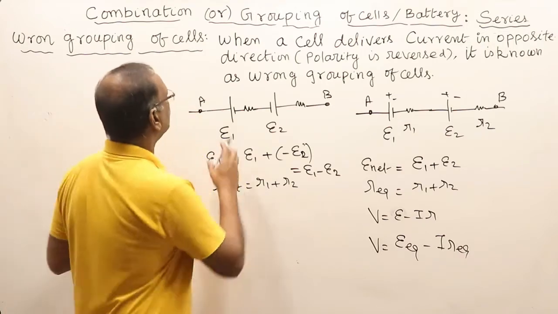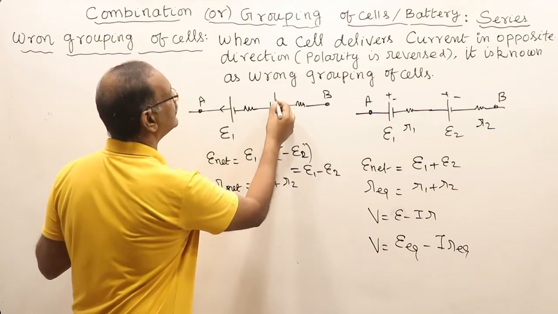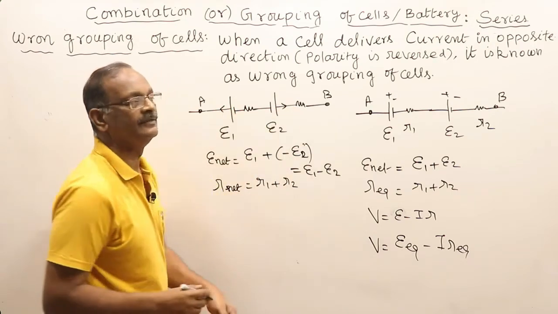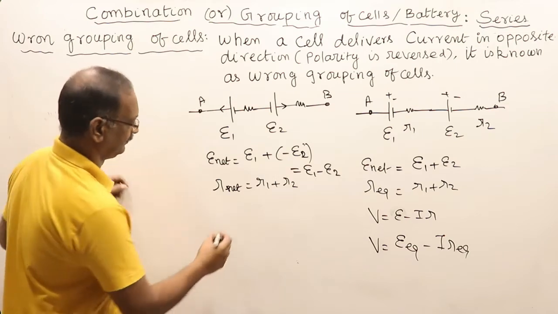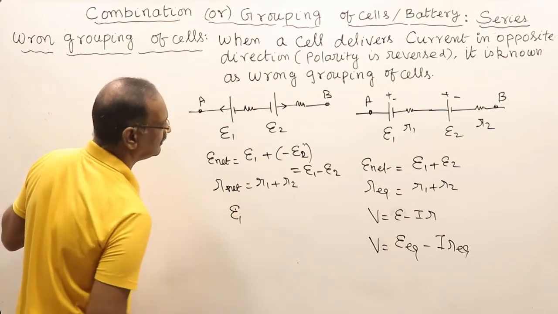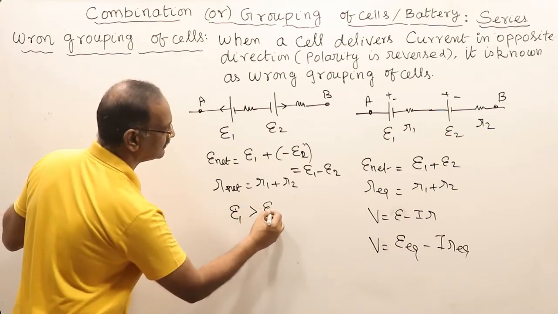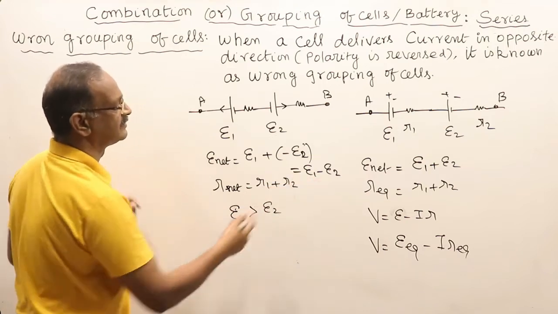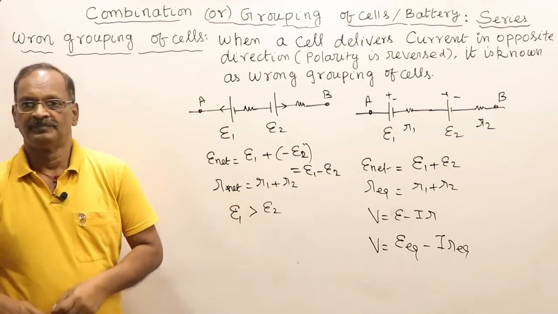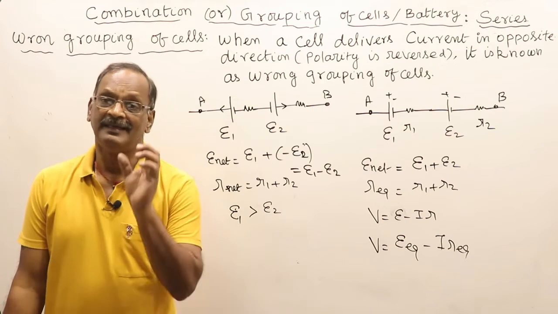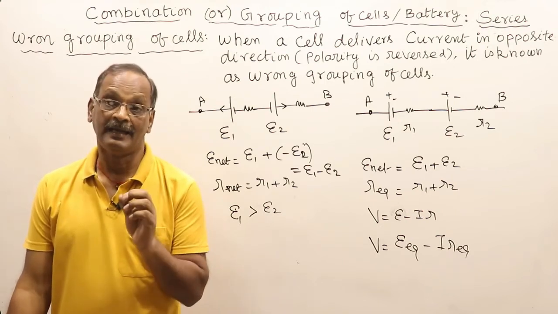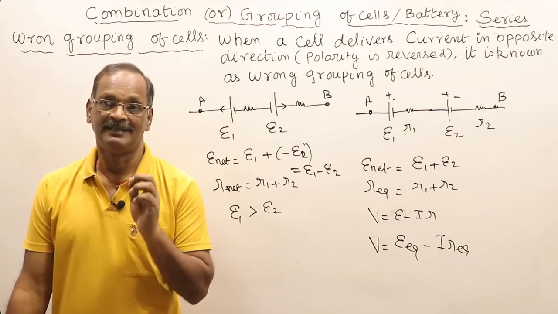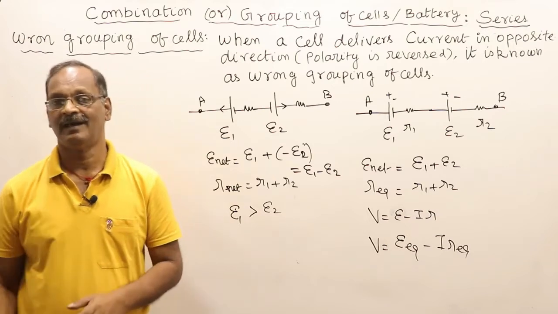Assuming the EMF of the first battery is greater, only then is this condition possible. So when a cell is wrongly connected, the EMF is decreased, but the net internal resistance is always additive.